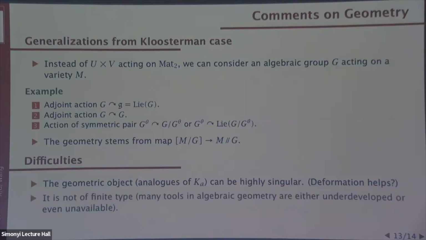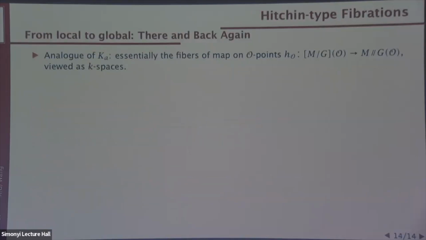But another problem is that a lot of times the interesting stuff is not of finite type, meaning many tools in algebraic geometry are either underdeveloped or outright not available. And there are many other difficulties associated with different cases. So this is what really prompts the Hitchin-type fibrations.